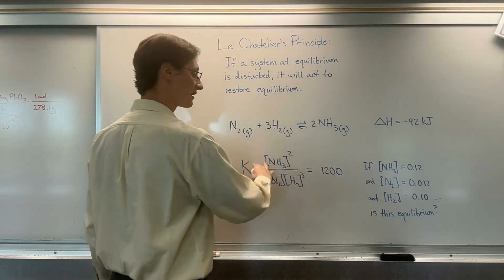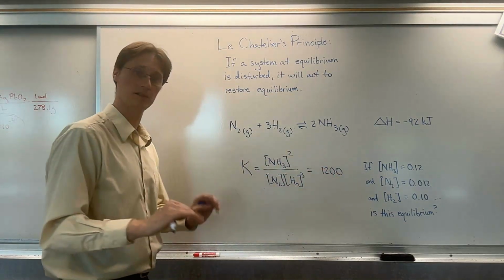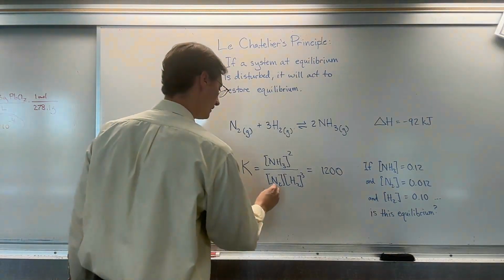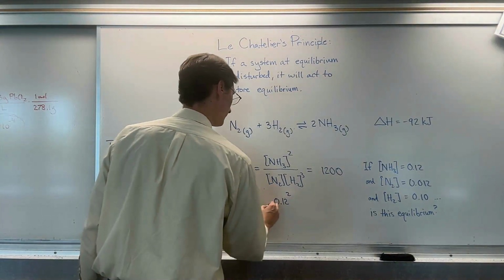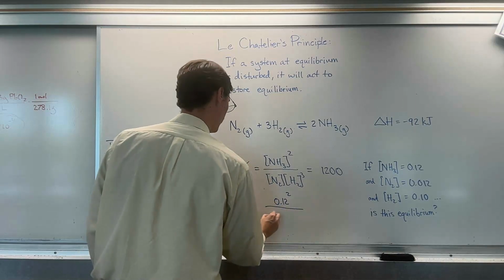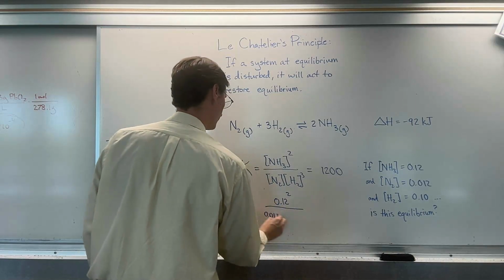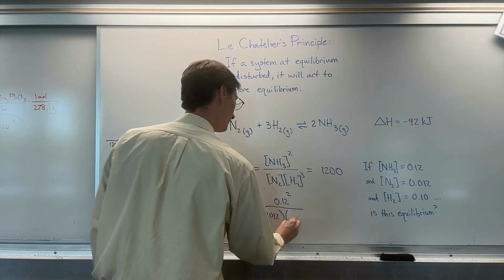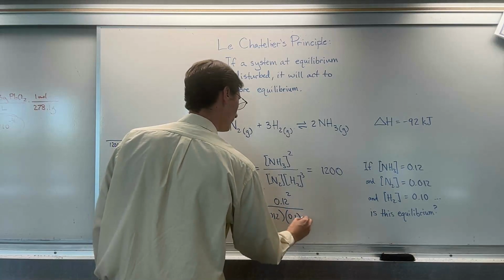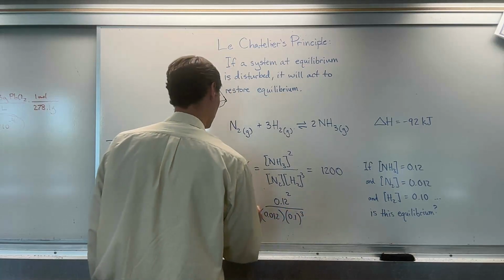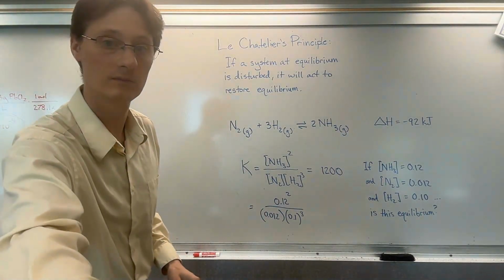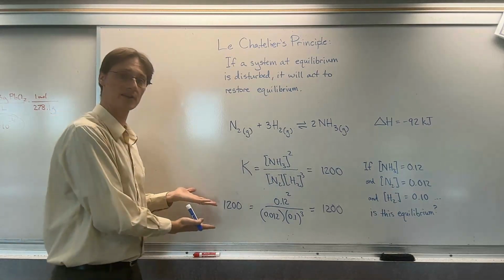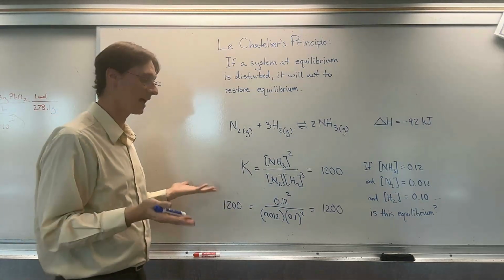And if it all multiplies and divides out to this value, then we're at equilibrium. Let's see what happens. Hey, looks like I did my math right. The system is indeed at equilibrium.